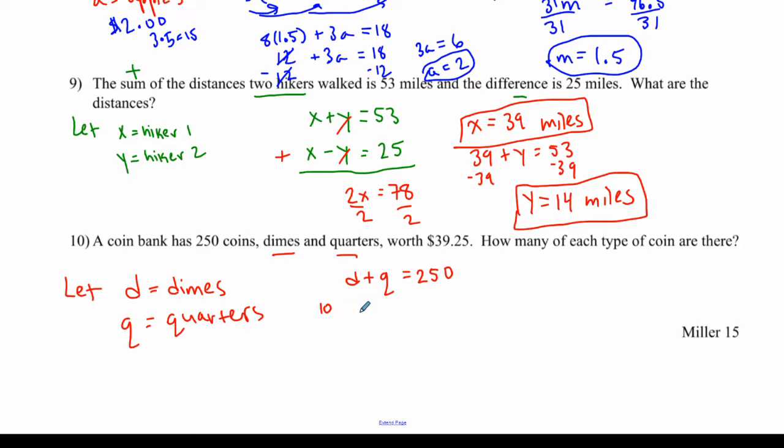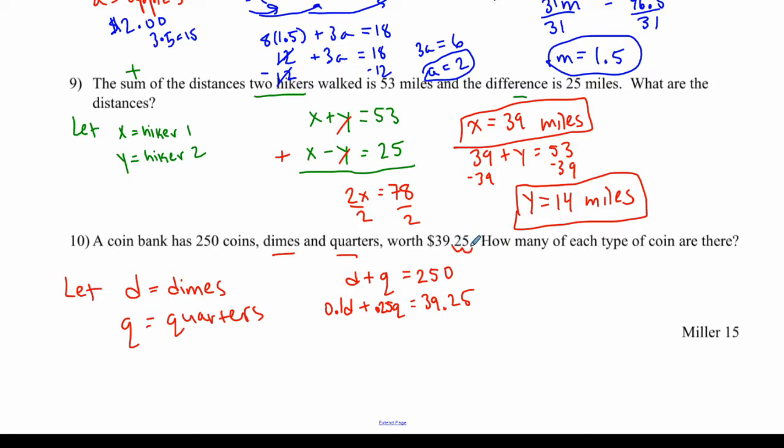Well, let's think about this in terms of dollars, right? So a dime is $0.10. So 0.1D. A quarter is $0.25. So 0.25Q equals 39.25. Another way you could do it is you could think about the number of cents.